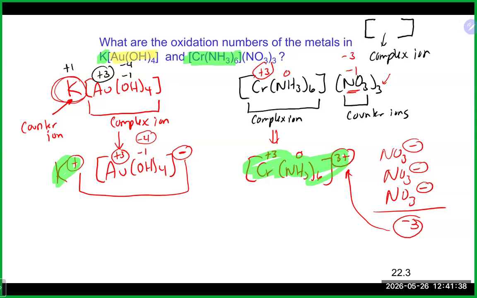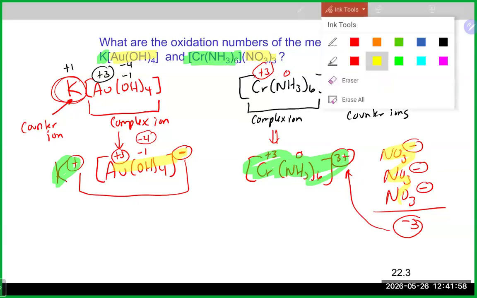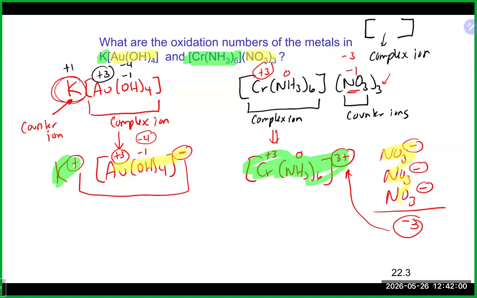And if I see the counter ion coming second in the formula, I know it's going to be negatively charged because it comes second. You may still have to figure out what the charge is if you need to know it, but you can know by the placement in the formula for a coordination compound. The positive guys should always come first, and the negative guys should come second. Any questions up there?